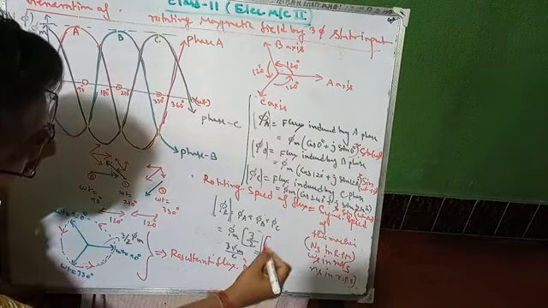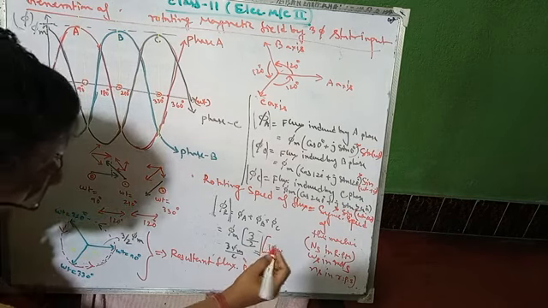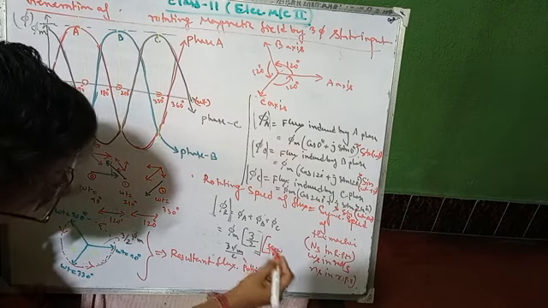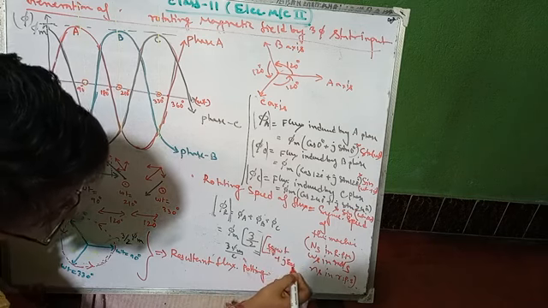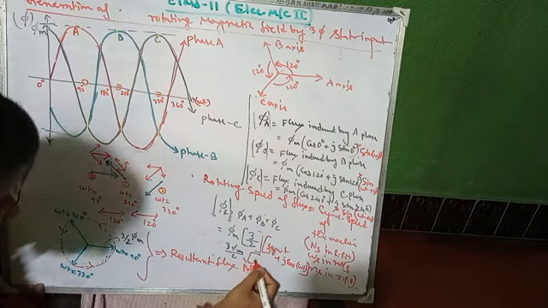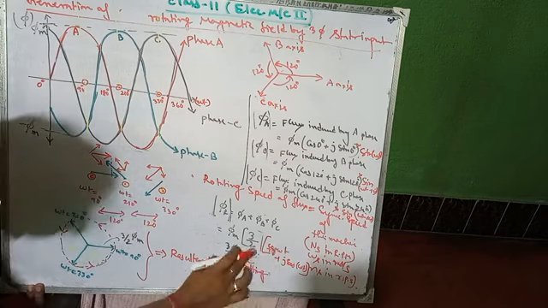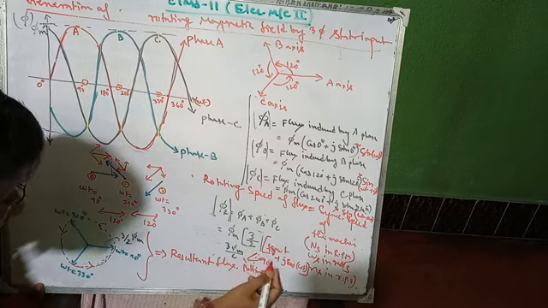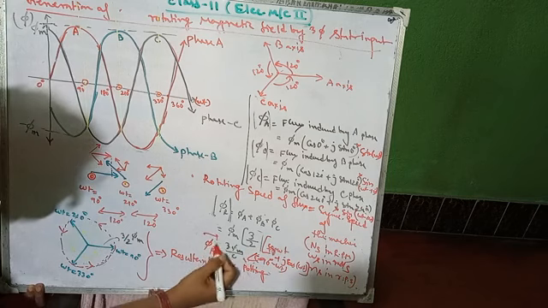Then you can see that it will come as sine omega t plus j cos omega t. It will look like an angle of 90 degree minus omega t. So this is your resultant flux in phasor quantity.